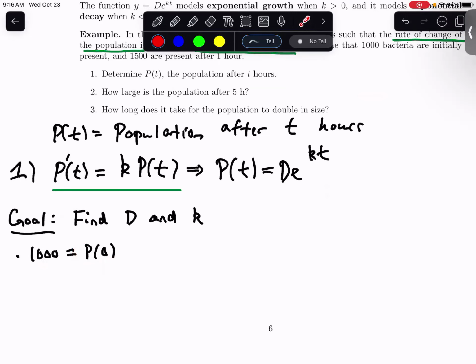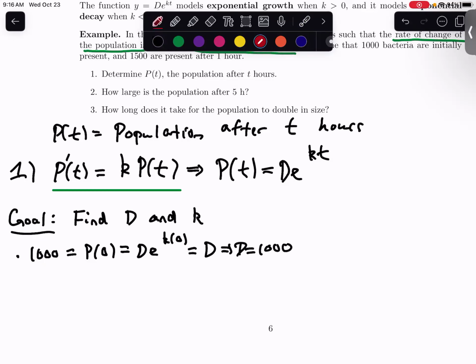And then we also know that P evaluated at 0 is equal to d times e to the k times 0. But e to the 0th power is just equal to 1, right? And so this is just equal to d. And so this chain of equality shows that 1,000 is equal to d, or d is equal to 1,000.